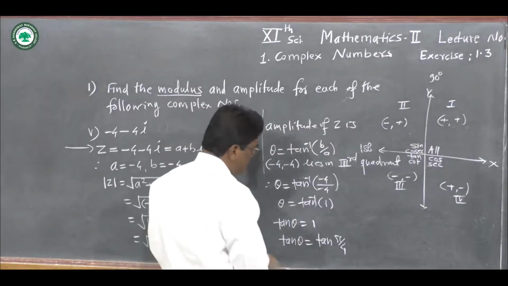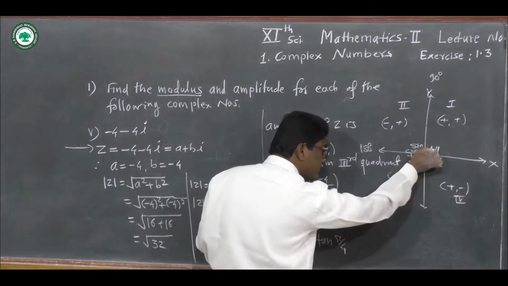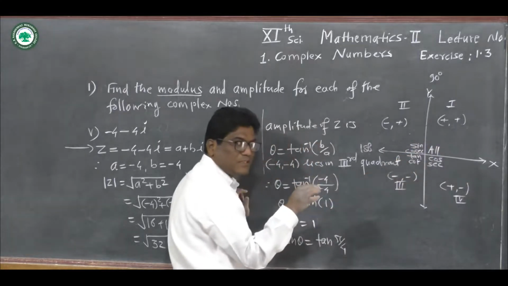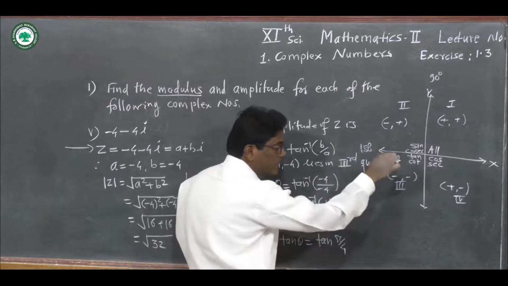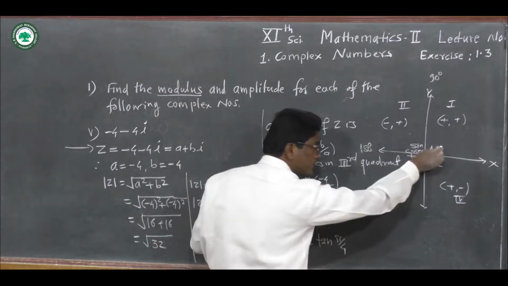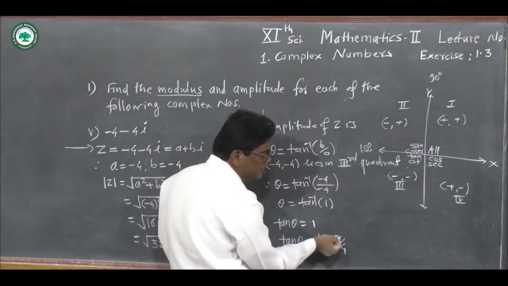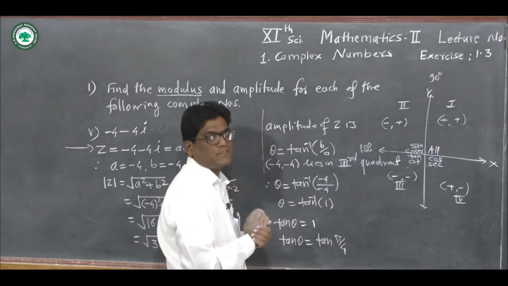So see, tan is positive in the first quadrant and also in the third quadrant. Theta is in the first quadrant, we have to convert it into the third quadrant.